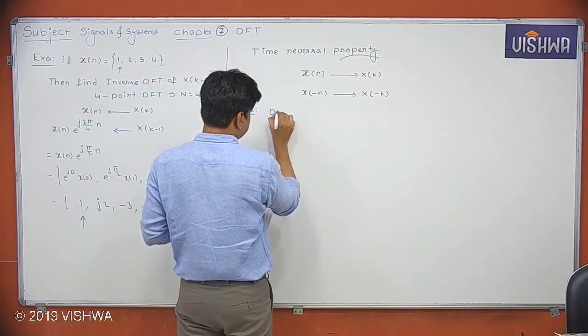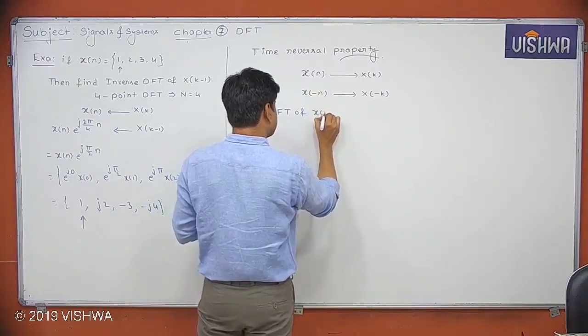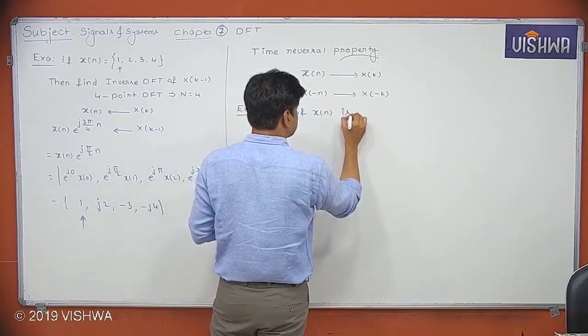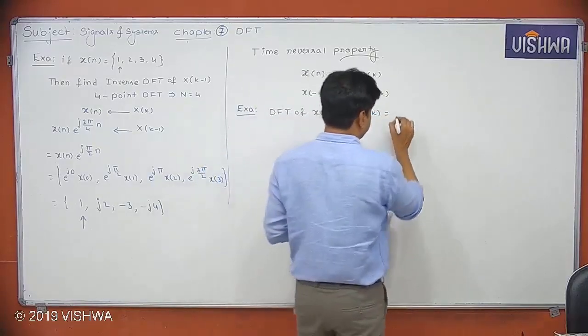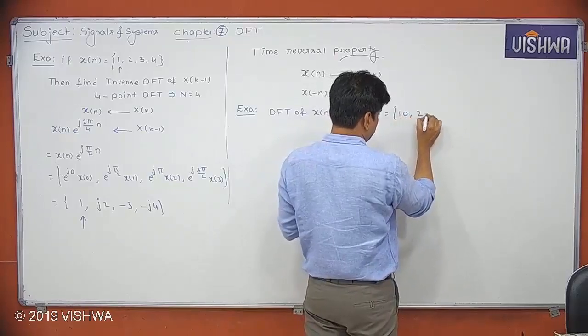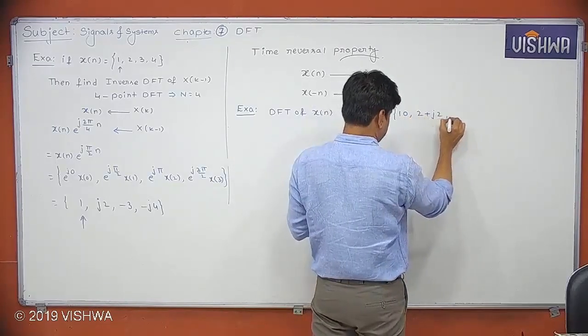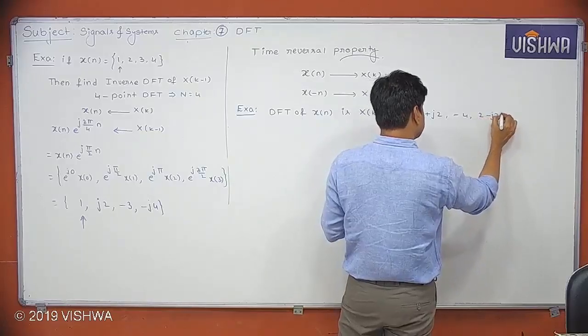The DFT of x of n, X of k, is equal to 10, 2 plus j2, minus 4, 2 minus j2.